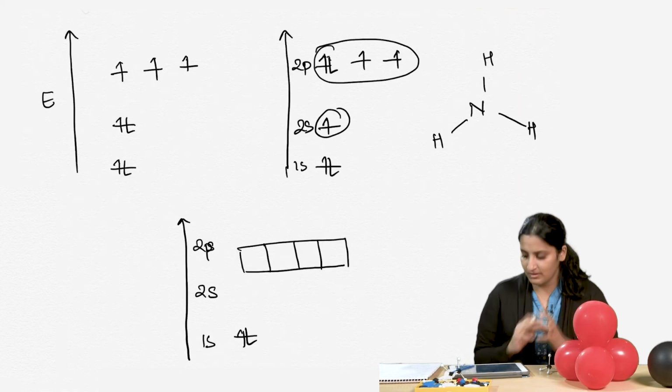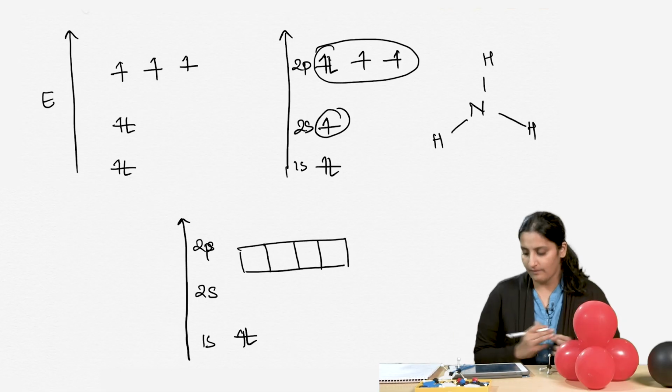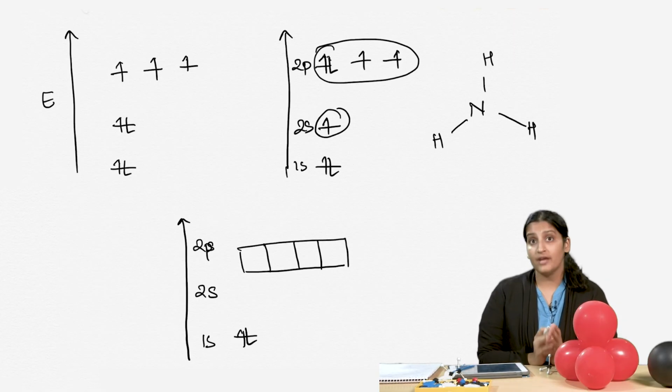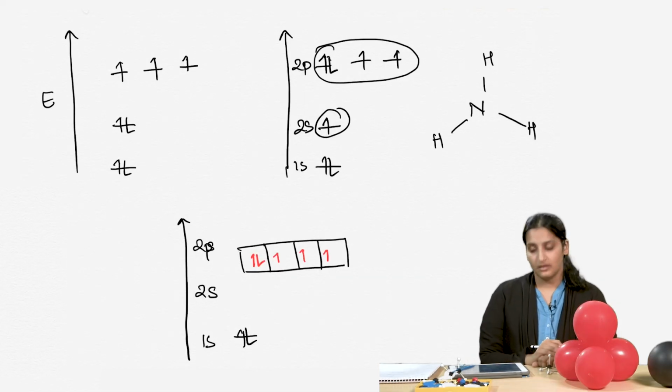They are the same in shape, size, and energy, and in these 4 orbitals I have a total of 5 electrons to place. I am going to place them such that they look like this. One of the orbitals is completely filled and 3 of the other orbitals are half filled.